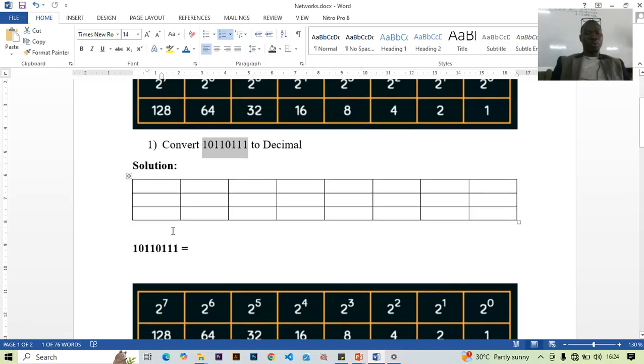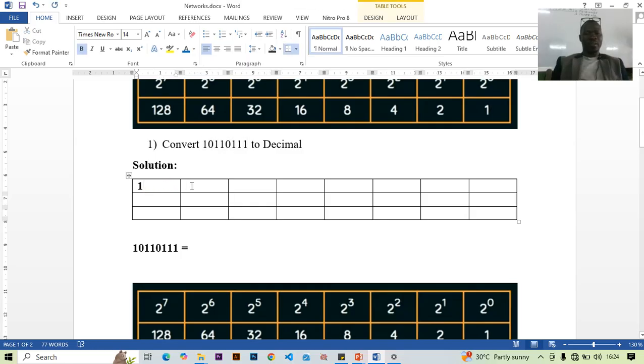So we're going to write these values here: 1, 0, 1, 1, 0, and then the rest are 1, 1, 1, and 1. These are the 8 values that we have in an octet. This is a binary version of a certain value that we're going to have in our network. So how do we convert this to decimal?